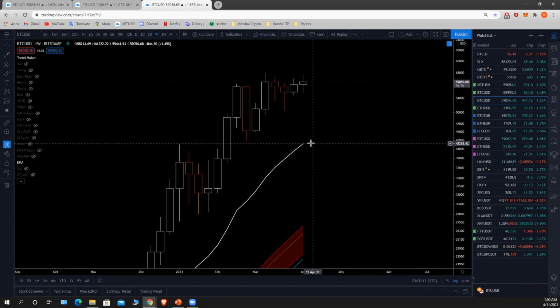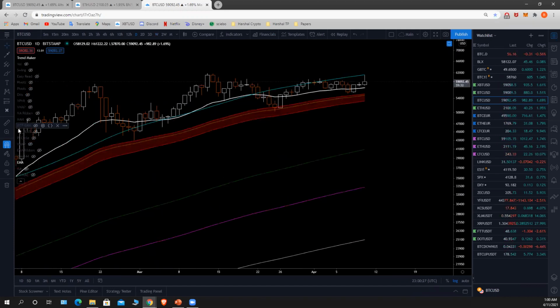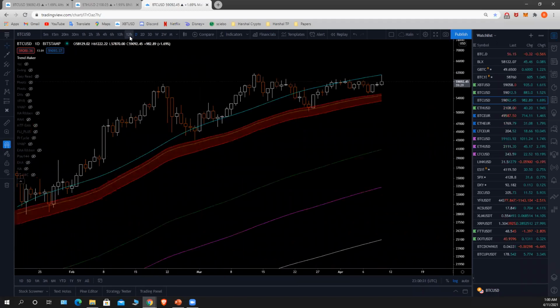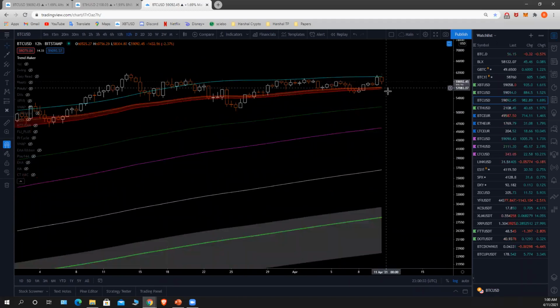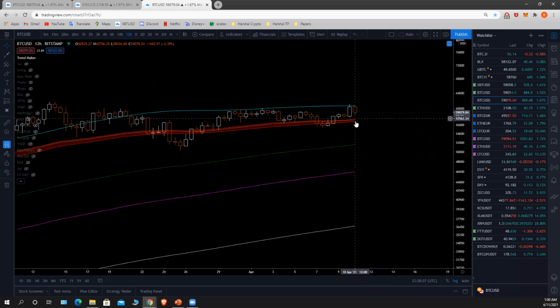So I am kind of expecting Bitcoin to tap this level in the next couple of weeks or month. So that was daily. 12-hour will be the same. But as long as Bitcoin maintains above this ribbon, we are still okay. There is no danger as such. If it starts breaking this ribbon, then we have to be cautious.